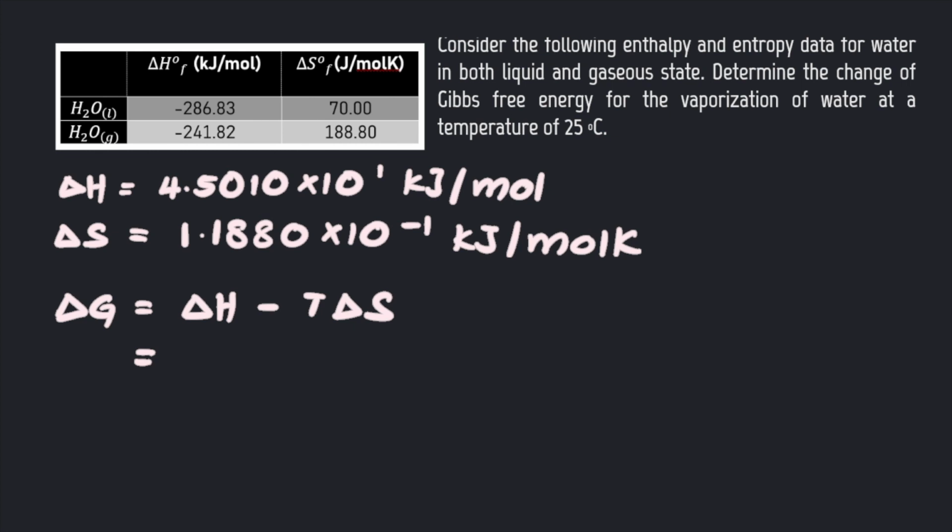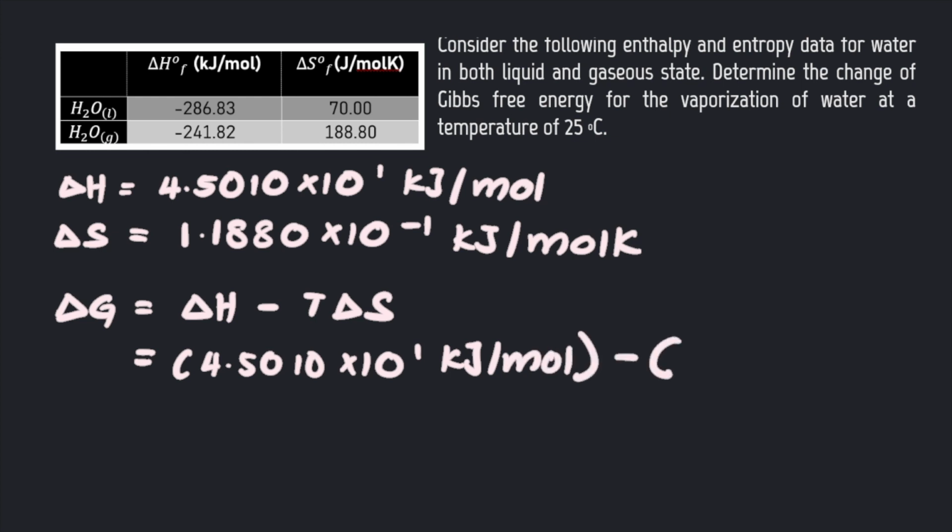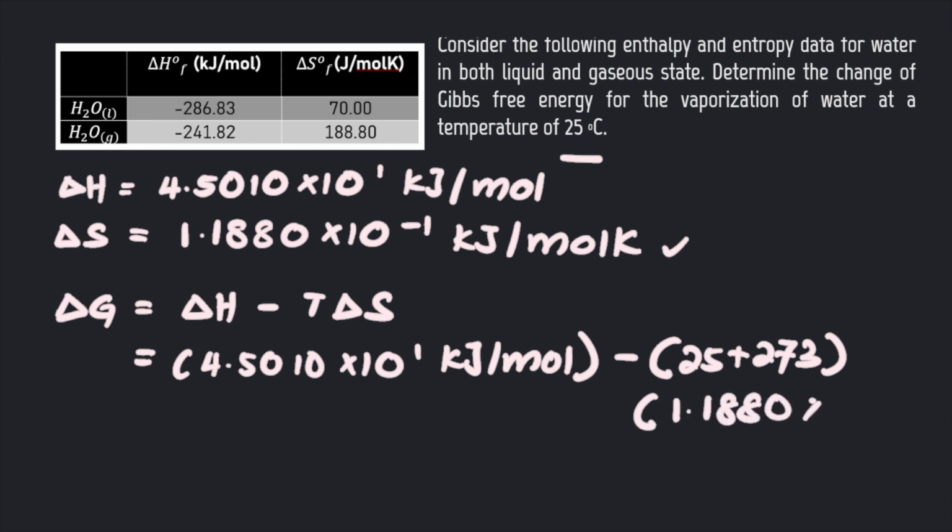Alright, so your delta H is equivalent to 4.5010 times 10 to the power of 1 kilojoule per mole. So you want to minus your T, 25 degrees Celsius, so 25 plus 273, because you want to convert it into Kelvin, times your S, which is 1.1880 times 10 to the power of negative 1 kilojoule per mole per Kelvin, right?